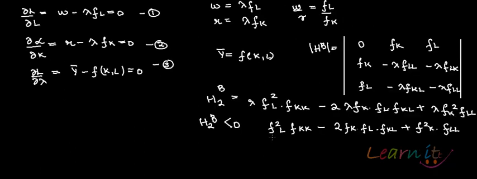Marginal product is positive, and the square of this is positive, so this is greater than 0. FKK is less than 0, diminishing marginal product. FK is greater than 0, FLL is less than 0. We'll assume that FKL is less than 0.